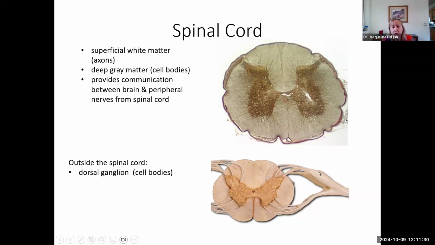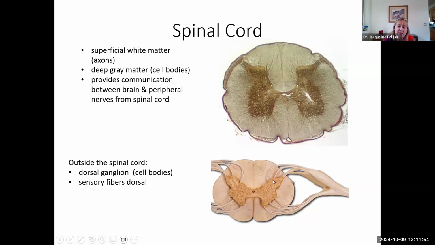So this is the dorsal ganglion containing the cell bodies of the sensory neuron, and then the axon continues and will synapse here in the gray matter of the spinal cord. So this portion outside the spinal cord will be containing those sensory fibers.